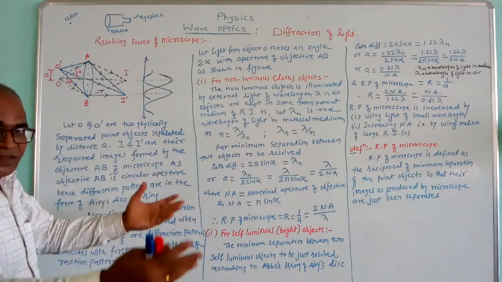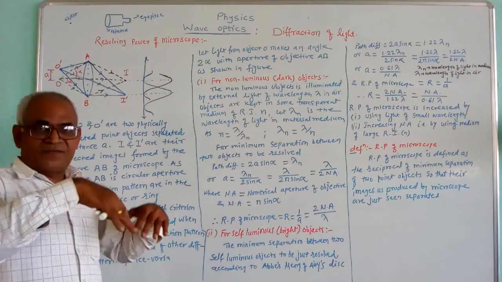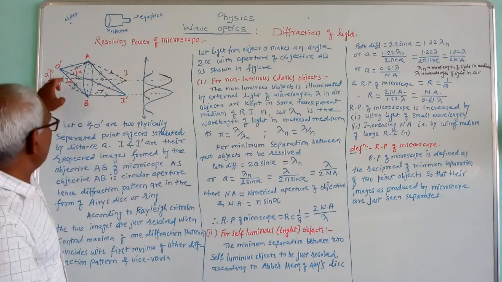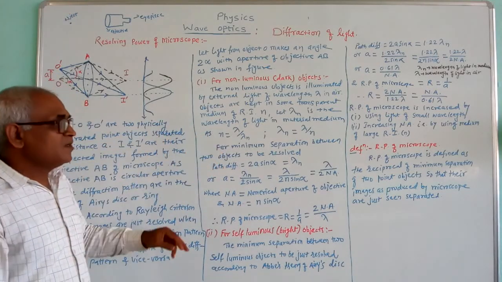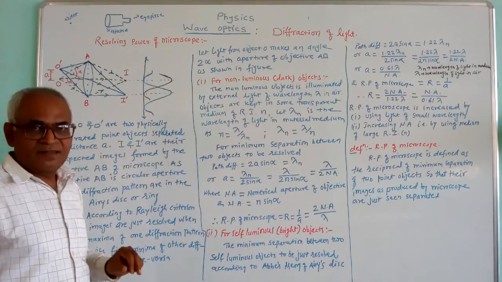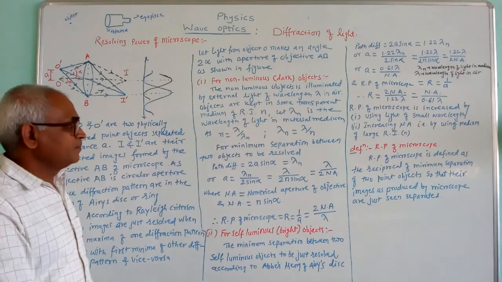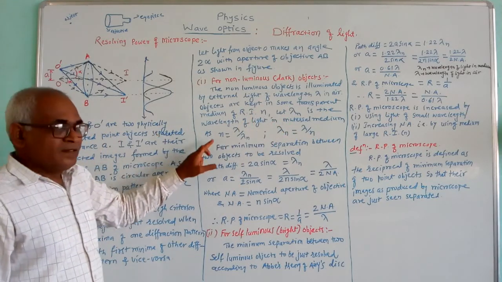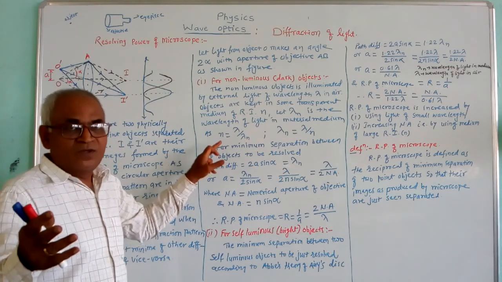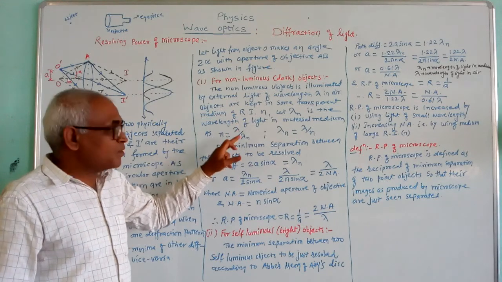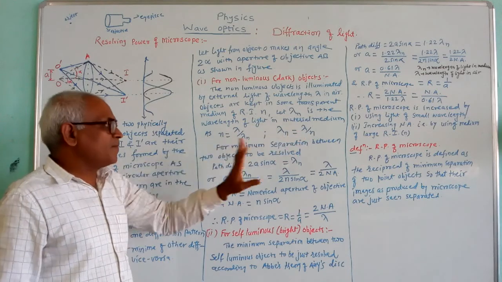Let lambda be the wavelength of that light in air, and so as to eliminate the reflection, these non-luminous objects are kept in some transparent medium of refractive index n, and if lambda n is the wavelength of light in that transparent medium, then as we know, the refractive index of the medium in terms of wavelength is equal to the ratio of the wavelength of light in air to the wavelength of light in the medium, hence lambda n is equal to lambda upon n.